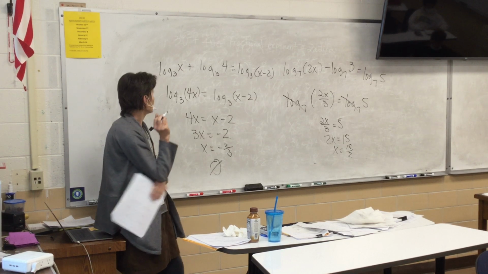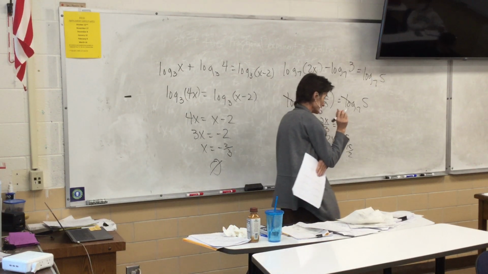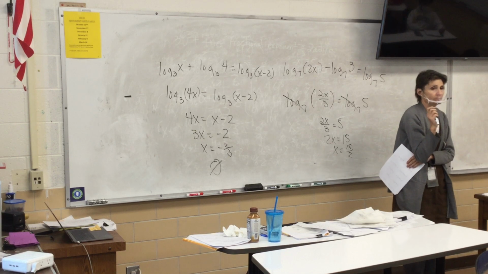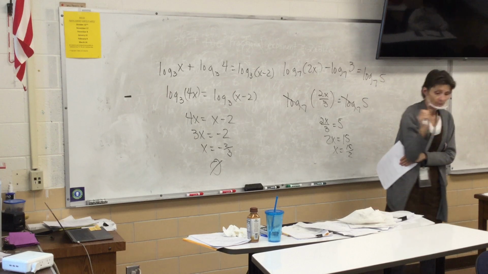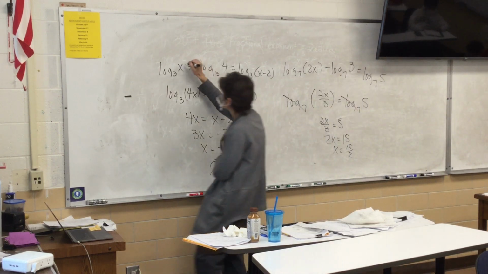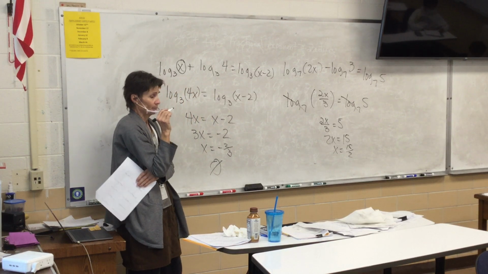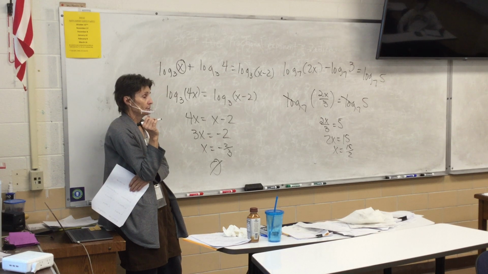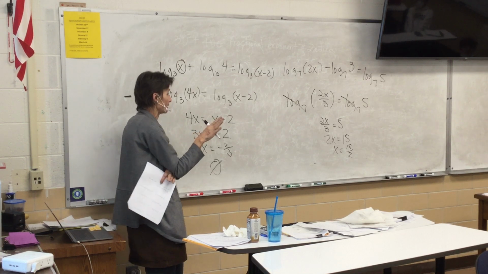Take your calculator out and type in the log of negative 2/3. Just hit log negative 2/3. Error. This number right here cannot be negative. Now, I need you to understand something because this can get a little tricky.